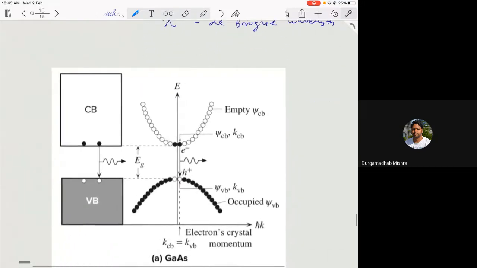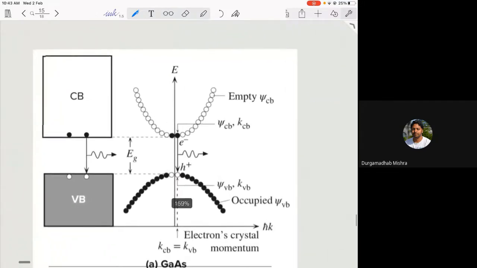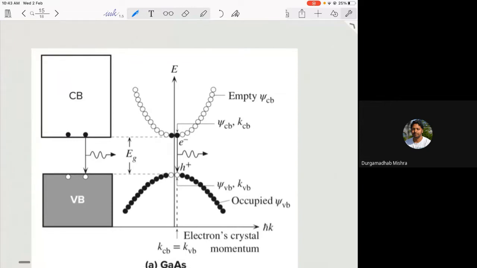So here this picture actually shows that. Now, if your electron is recombining, let's say the electron jumps from the bottom of the conduction band to the top of the valence band. Please pay attention here. It is jumping from the bottom of the conduction band to the top of the valence band, and the value of k, or h cross k for that matter, the momentum, is exactly the same.